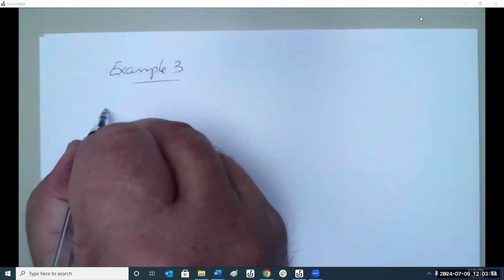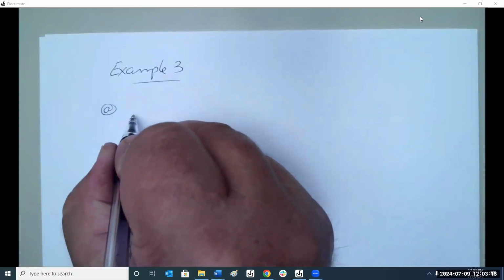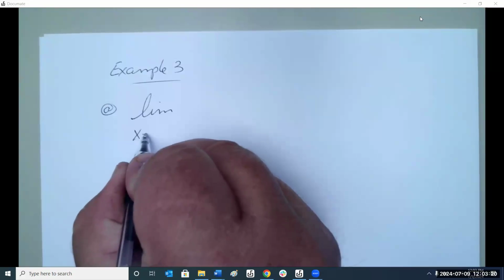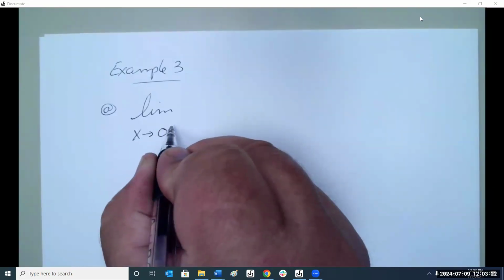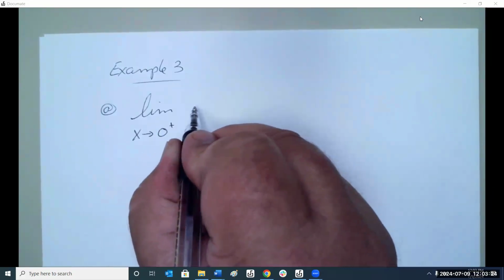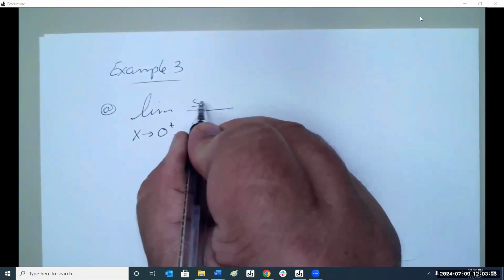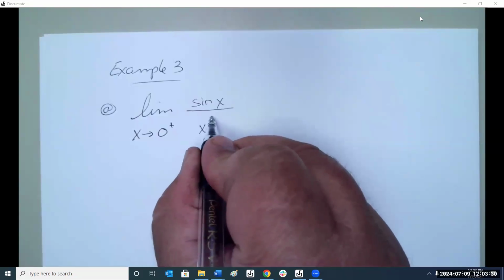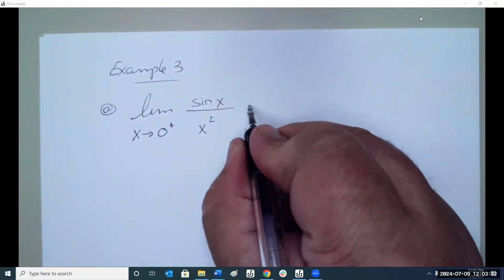Example 3. The limit as x approaches 0 from the right of sine x over x squared.